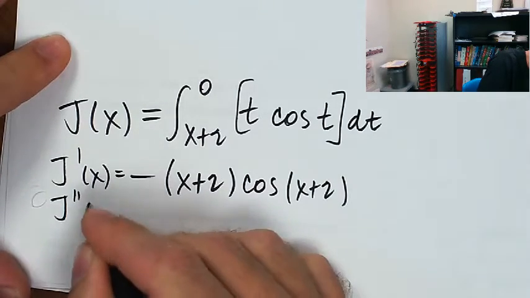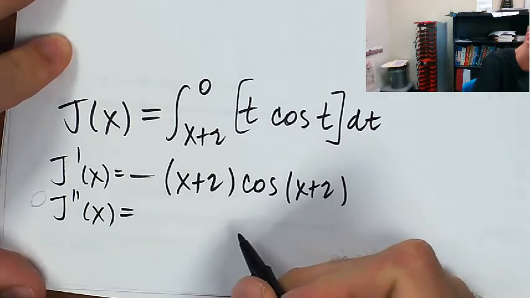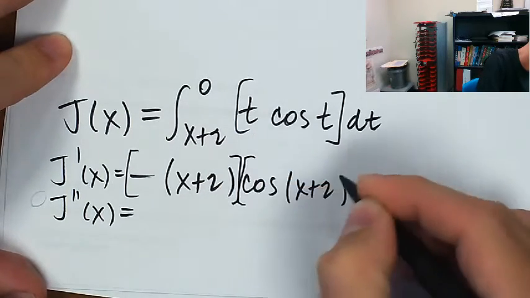Meaning j double prime of x is going to equal, product rule. I'm going to look at it as a product of this thing and that thing.